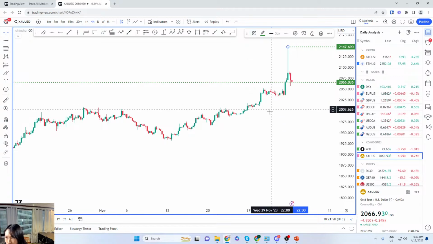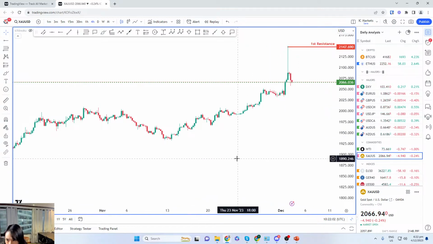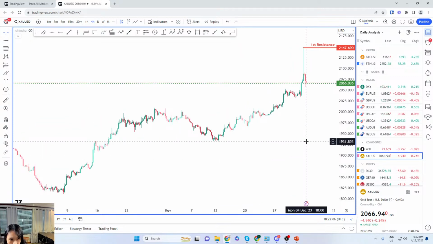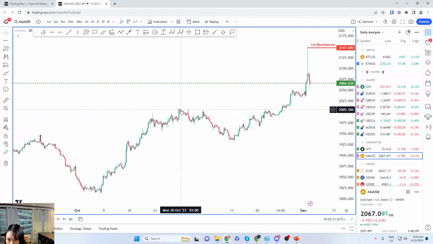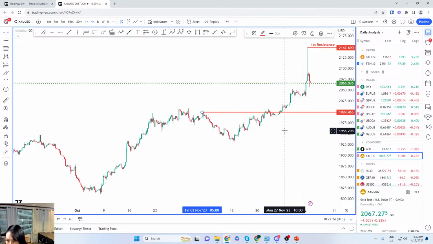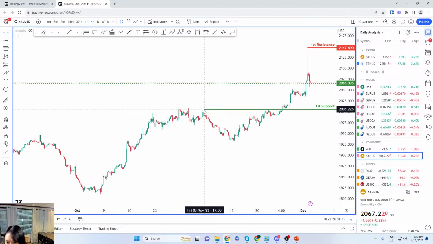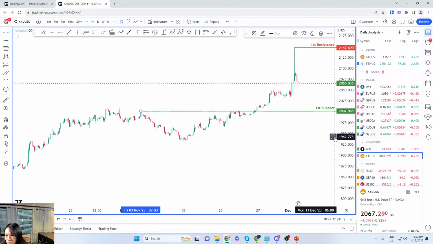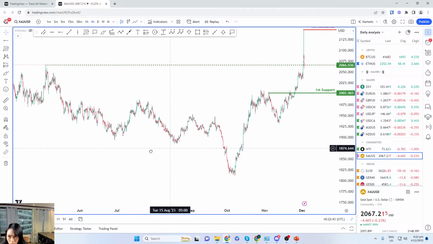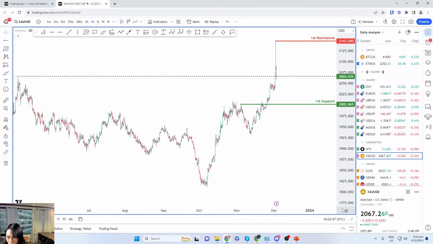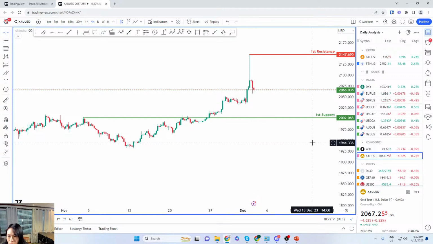Okay, this will be my first support level, whereby the price pulled back.